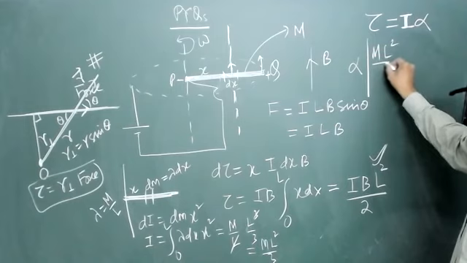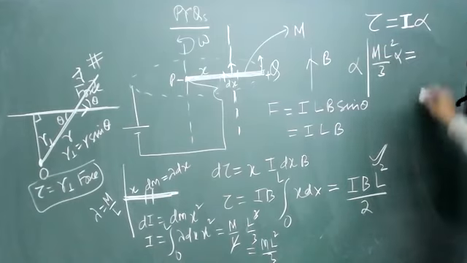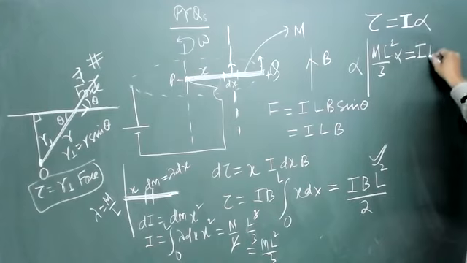तो लिख लो ML²/3 into alpha is equal to, कितना टॉर्क आ रहा था जब स्विच ऑफ किया?